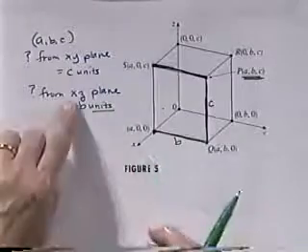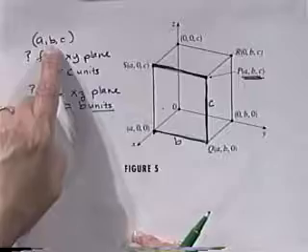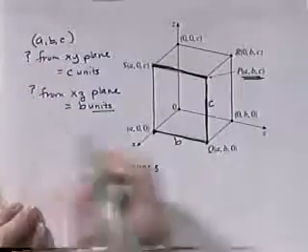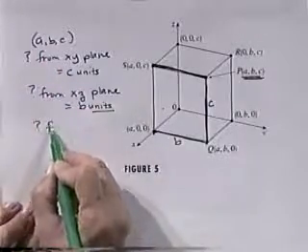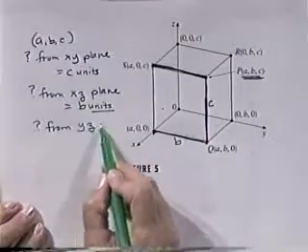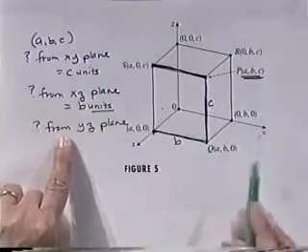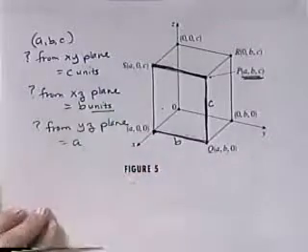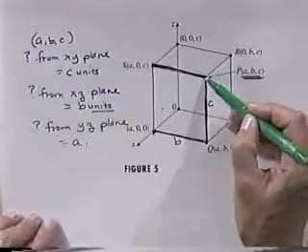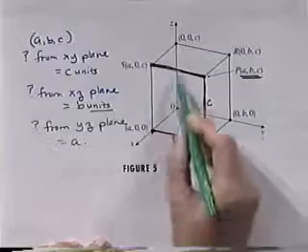Notice, if you look at xz, who's the odd man out? Y. What's the y coordinate? B. So what do you think if you wanted to figure out your distance from the point ABC to the yz plane? If you had to guess, it would be the what coordinate? The x coordinate, A units. And let's see if that works. Here's the point ABC. If we want to go to the yz plane, notice here's the y-axis, here's the z-axis.